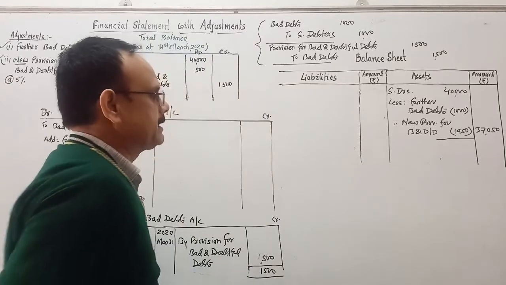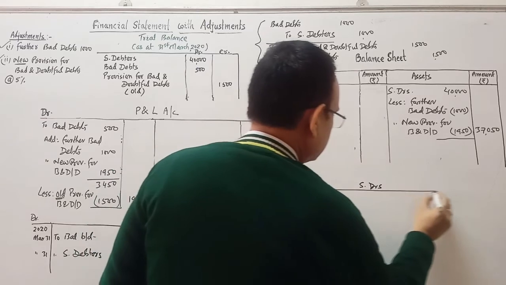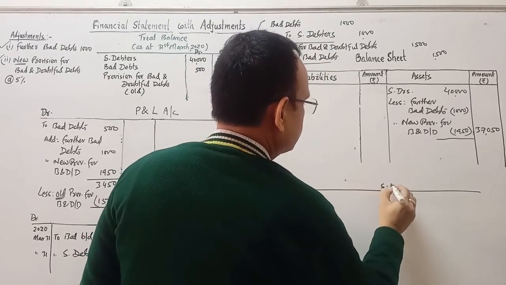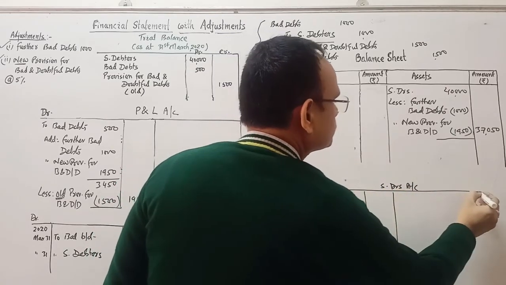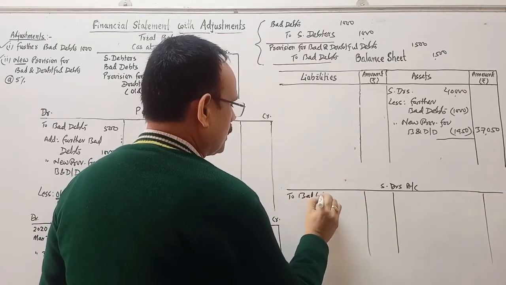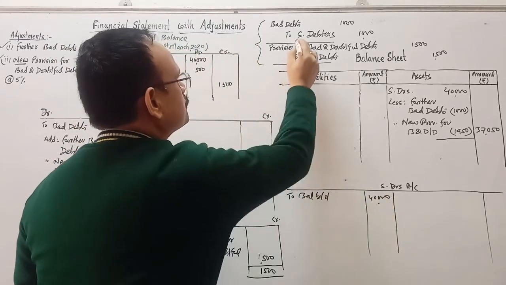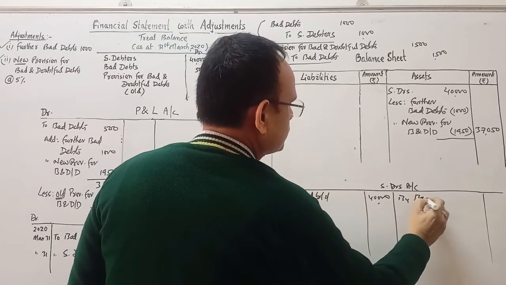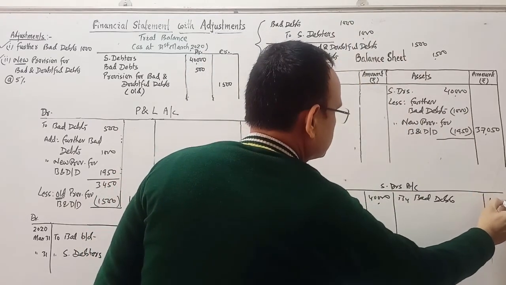If you want to prepare the sundry debtors ledger, the sundry debtors account, then this will be prepared like this. To balance brought down, that is 40,000 on March 31st. By bad debts, this one is 1,000.